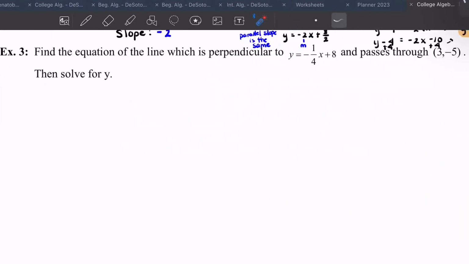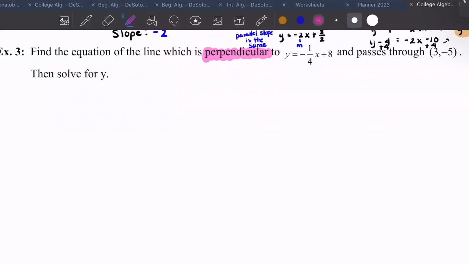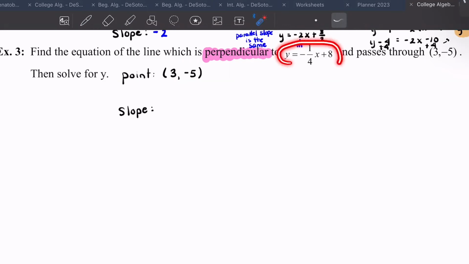So I can also do perpendicular. So this one says find the equation of the line that is perpendicular to y equals negative 1/4 x plus 8 and passes through 3, negative 5, then solve for y. Okay, so once again, we need point and slope for our perpendicular line. We have a point, it's 3, negative 5. We don't know our slope yet, but we know that our slope is going to be the opposite reciprocal of the line that we're given.